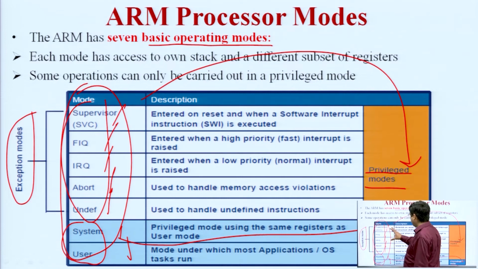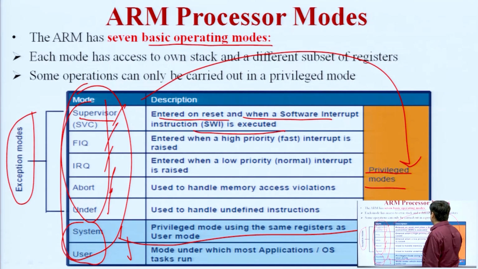So, let us start with the description of each mode. SVC means supervisor mode. It is entered on reset, and when a software interrupt instruction is executed, this mode will be activated. So, when you reset the system or execute the software interrupt instruction, this type of mode will be utilized.